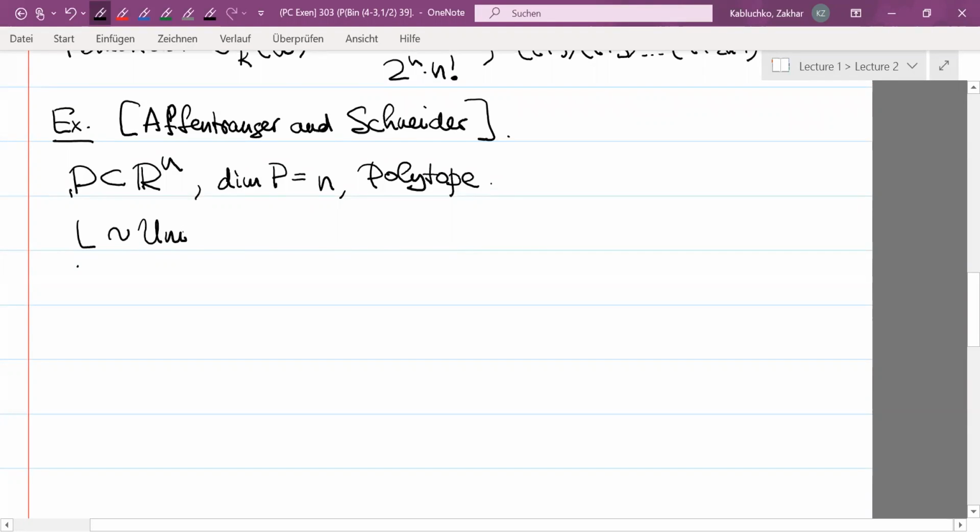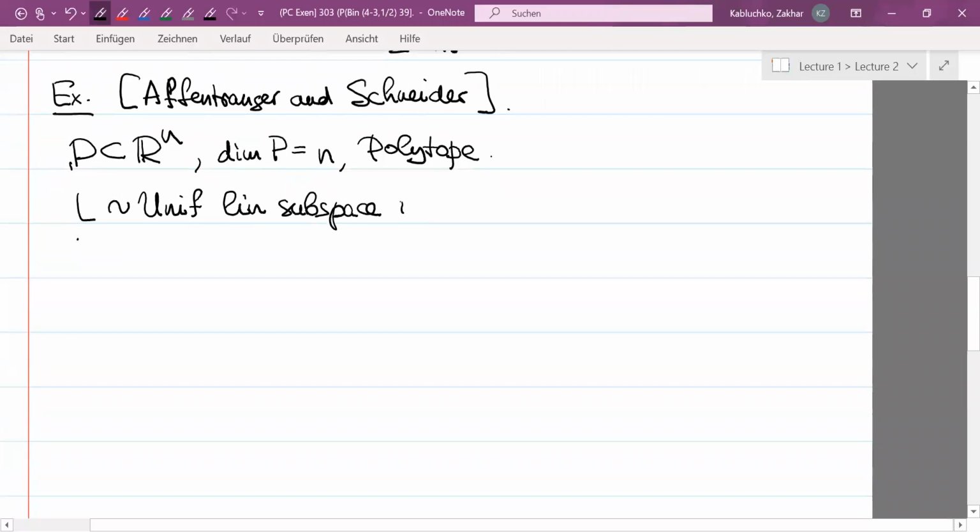Let L be a uniform linear subspace of dimension v.